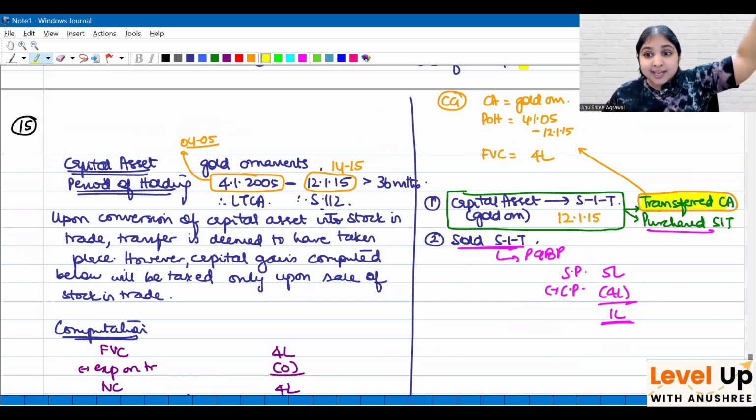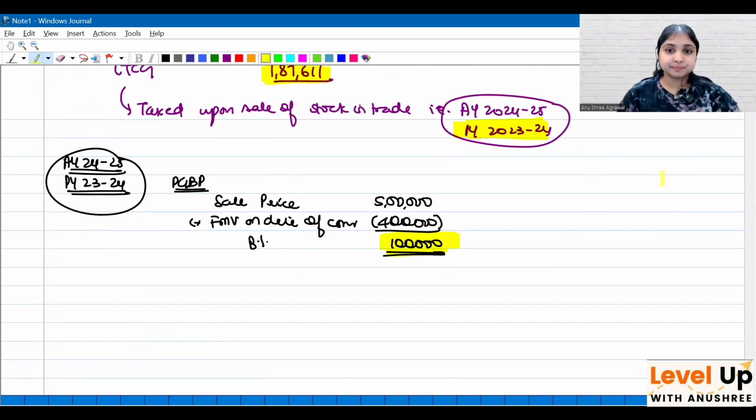Also, the capital gains which had arisen earlier, even that you will tax now. But capital gains arose earlier itself. You're only taxing those capital gains now. All right, that is it about the first subdivision, guys.